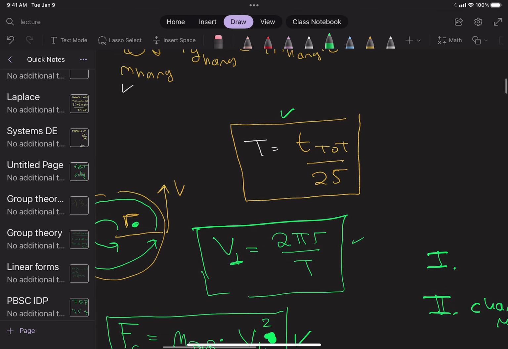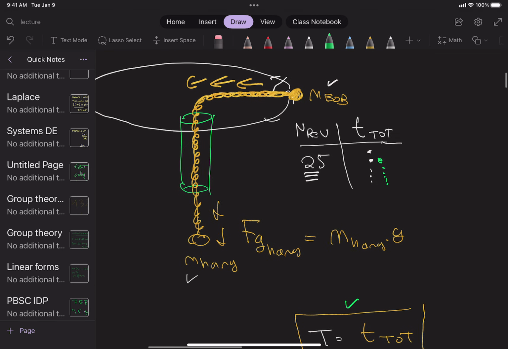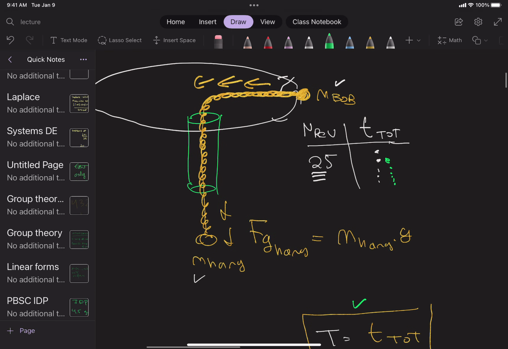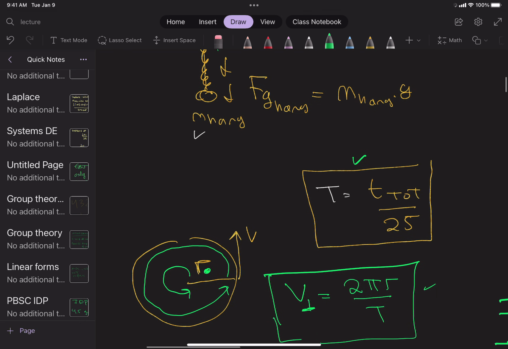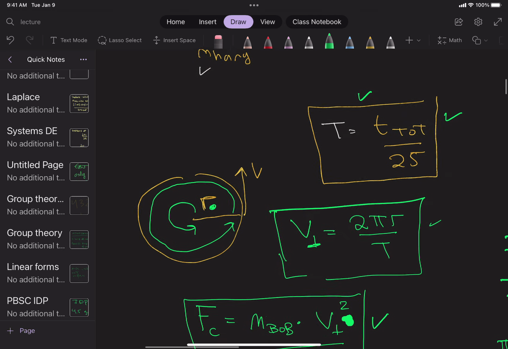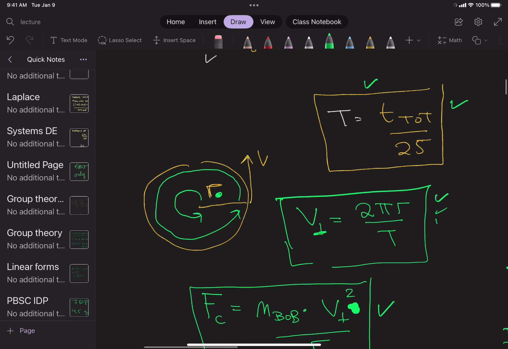So again, what you're going to do is you're going to whirl a bob around in a circle, and as the bob whirls around in a circle, you're going to count how much time it takes for the bob to go around 25 times. And once you've gotten that time, then you can use this equation to calculate the period, or the time for the bob to go around once. And once you've gotten the period, you can use this equation to get the velocity that the bob moves around the circle.